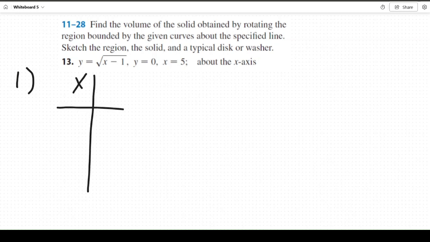So let's make a t-chart to make sure what we're dealing with. We have to plug in 3 values to make sure what we are doing. So let's plug in these values.